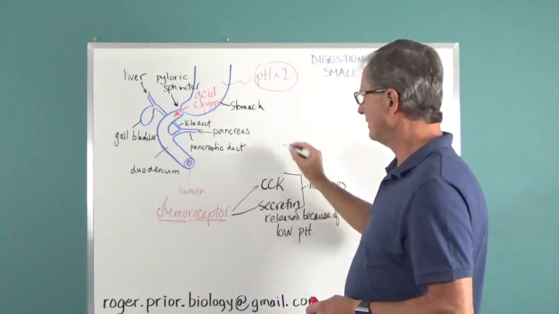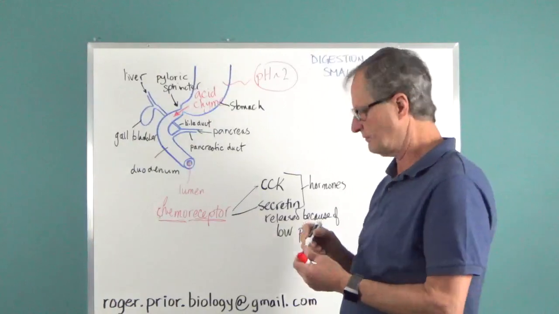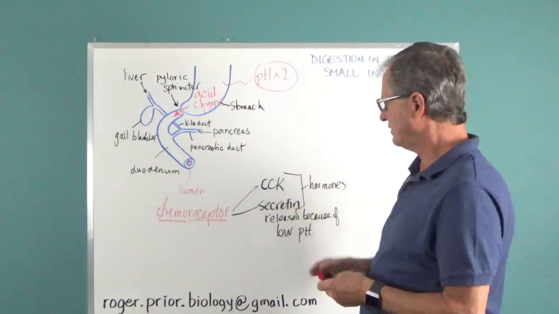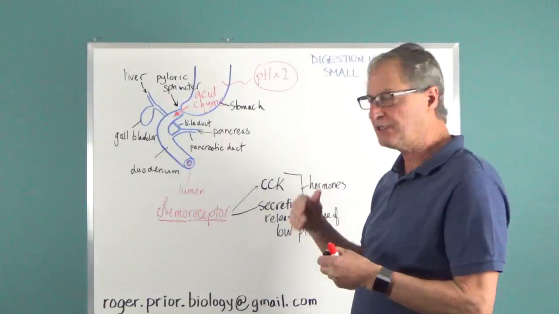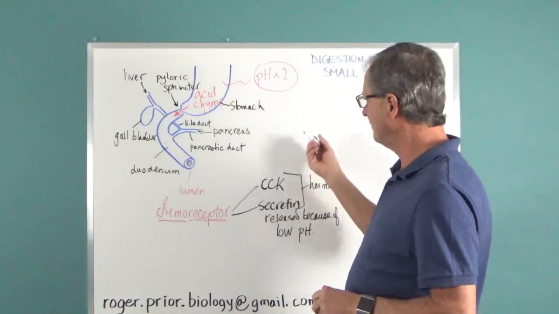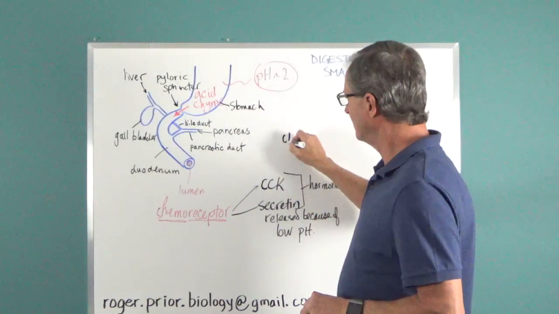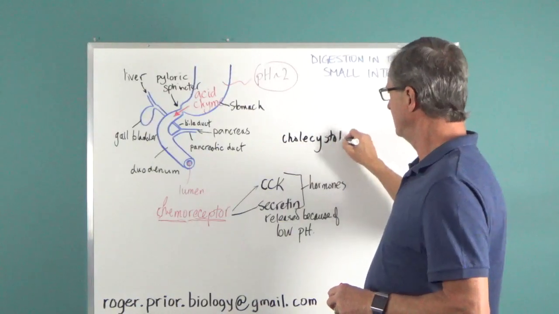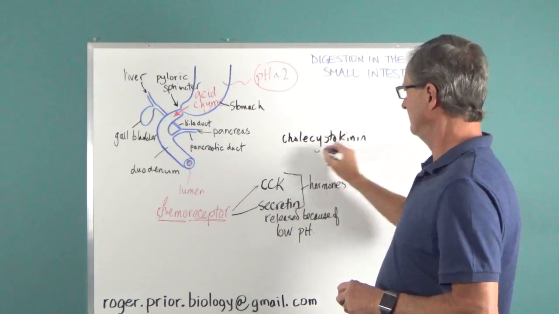Secretin affects the pancreas. Let's consider first of all what the CCK is and what its effect on the gallbladder is. CCK is an abbreviation. It stands for cholecystokinin.